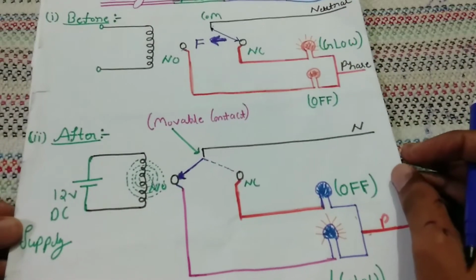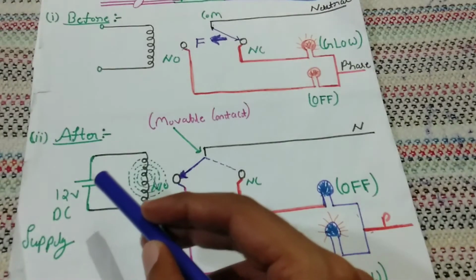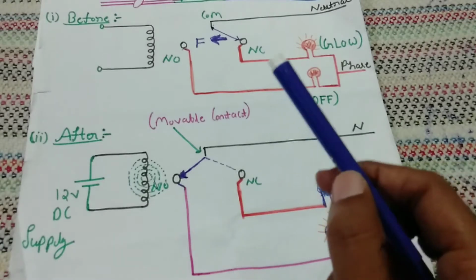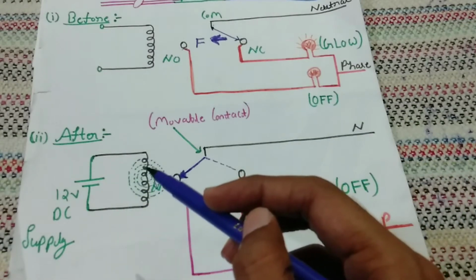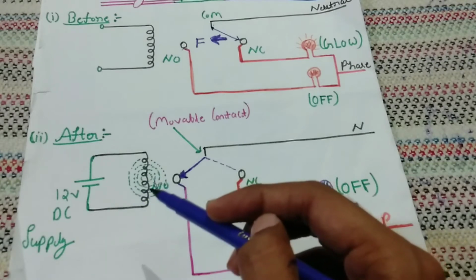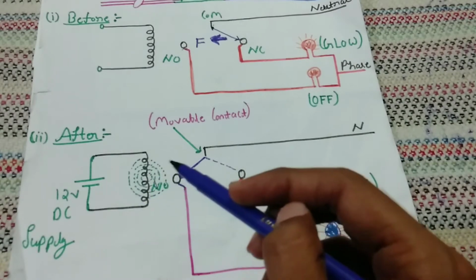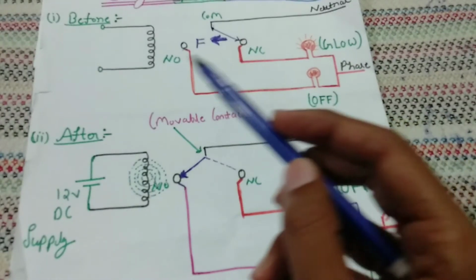In the second case, when 12 volt DC is applied across the terminals of the coil, what will happen in the same circuit? When you apply 12 volt DC across the terminals of the coil, a magnetic flux is produced in the coil. Due to this magnetic flux, EMF is induced and the coil becomes energized. Due to this energization, a force acts on the pole to attract it towards the coil.